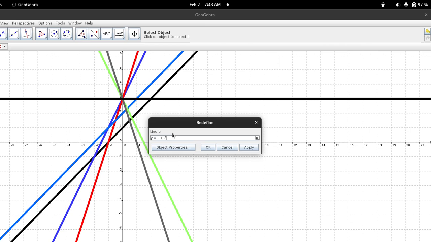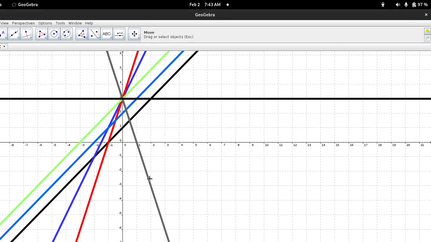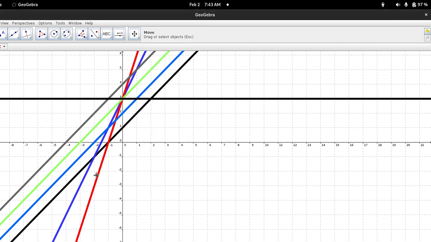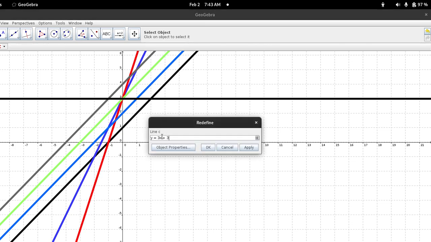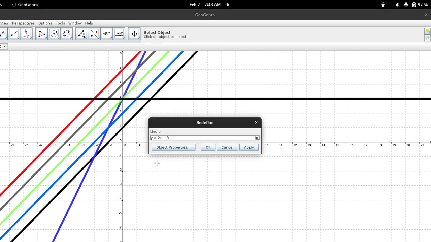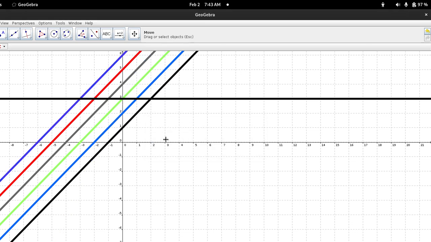So this is x plus 3. Then let's change this to x plus 4. Alright. So in this case, y is equal to x plus, say, 5. In this case, y is equal to x plus 6.